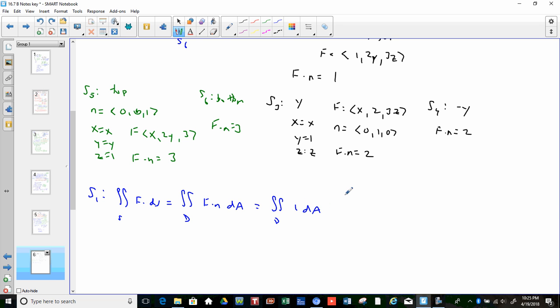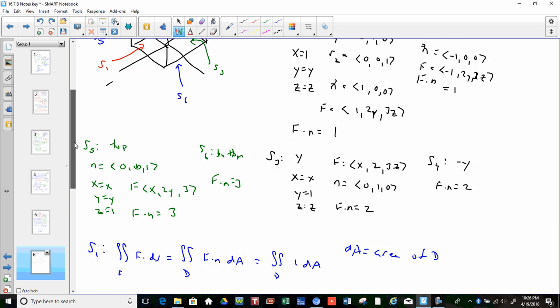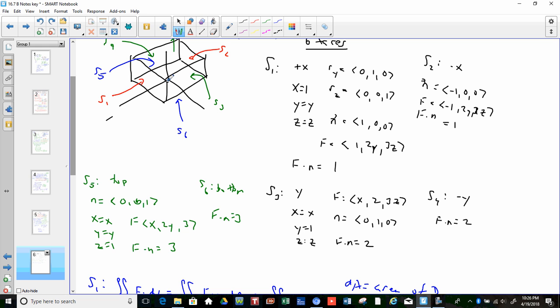But what is dA? dA is the area of D. So it's the area of our domain. S1 has an area of this thing right here. Remember, this was from negative 1 to 1 in the y direction, and then negative 1 to 1 in the z direction. So that's really a 2 times a 2.